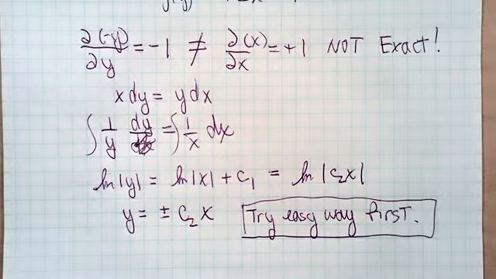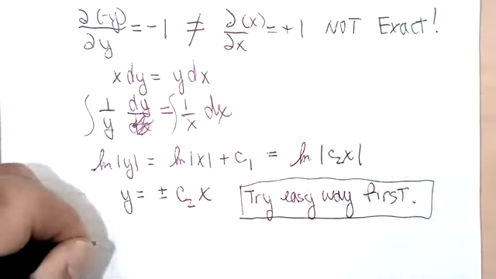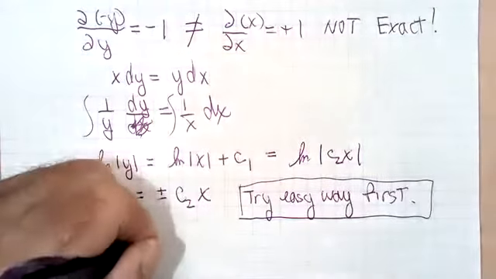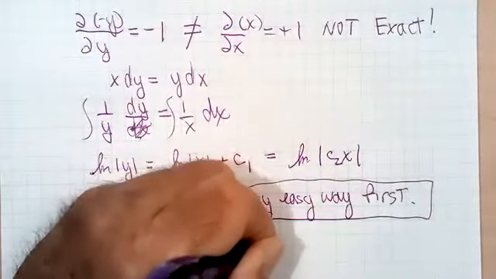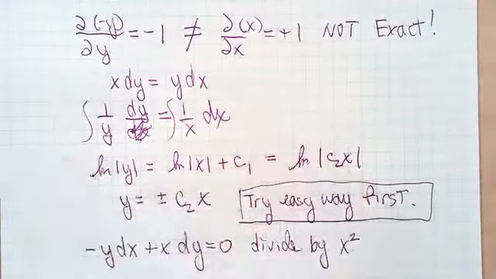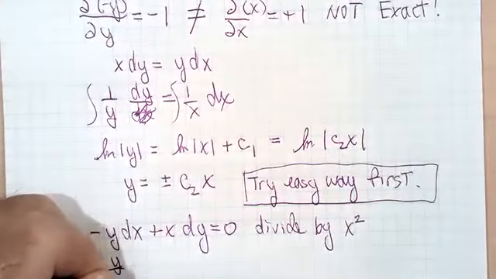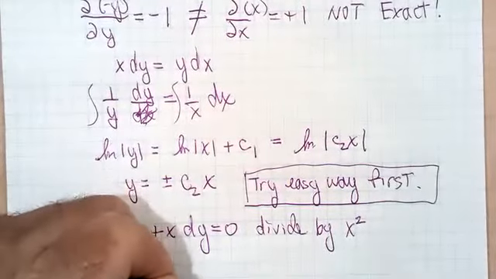Now, the third thing I would like you to see is let's start back at this original equation right here. And I'm going to divide this by x squared. So I'll have minus y over x squared plus 1 over x.